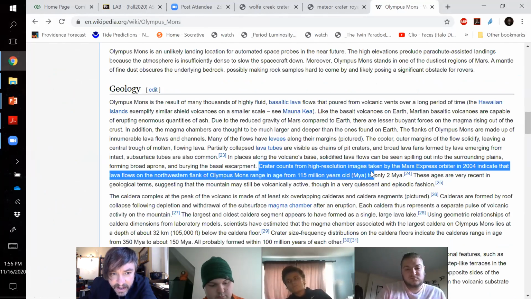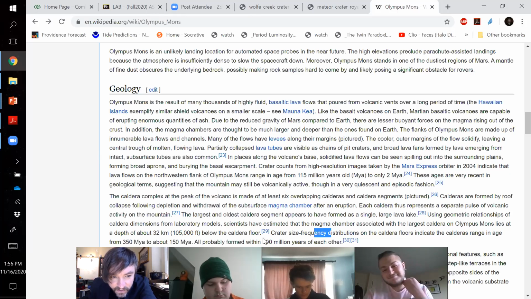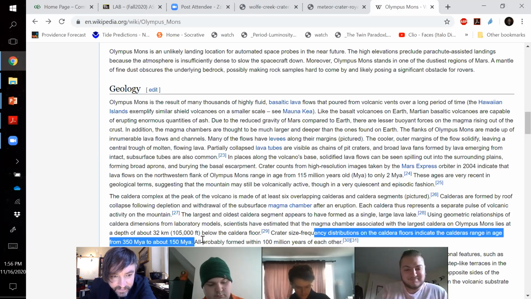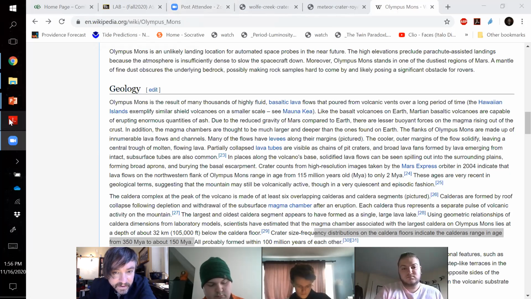Crater counts from the lava flows say the northwestern flank ranges from anywhere from 115 million years old to only 2 million years old. So you were okay. Crater counts on the caldera floors range from 350 to 150 million years. So you didn't do so bad, did you? Just by counting those two craters. You were in the ballpark, kind of, loosely speaking.